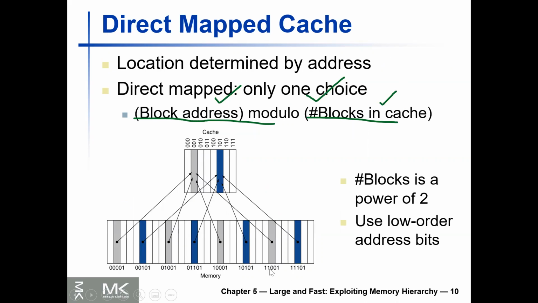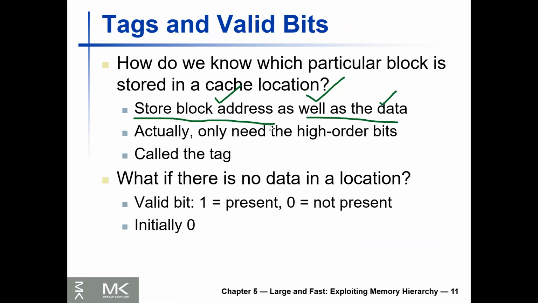Like, the address is 5 bits long here, so we don't need to store 5 bits. We need to store only the tag, because we only need the higher order bits of the address, which we call the tag. As I told you, the remaining 2 bits are called the tag bits, which we are going to store in the cache along with the data.